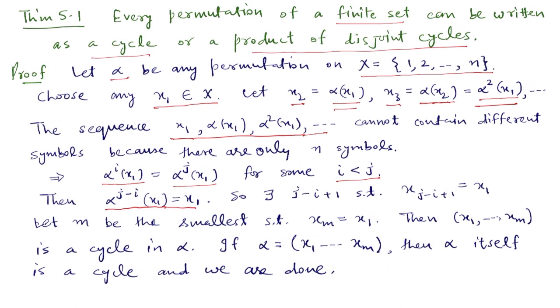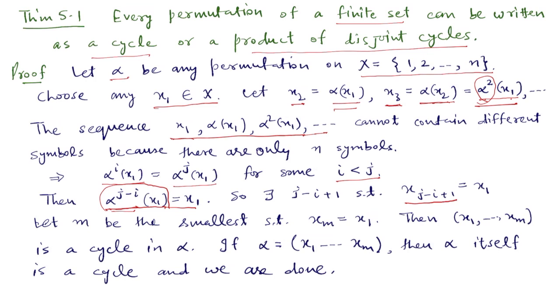Now see carefully here, when we apply alpha square on x1 we get symbol x3. Similarly, if we apply alpha cube on x1 we will get x4. So if this is alpha to the power j minus i, then this symbol will be x j minus i plus 1.